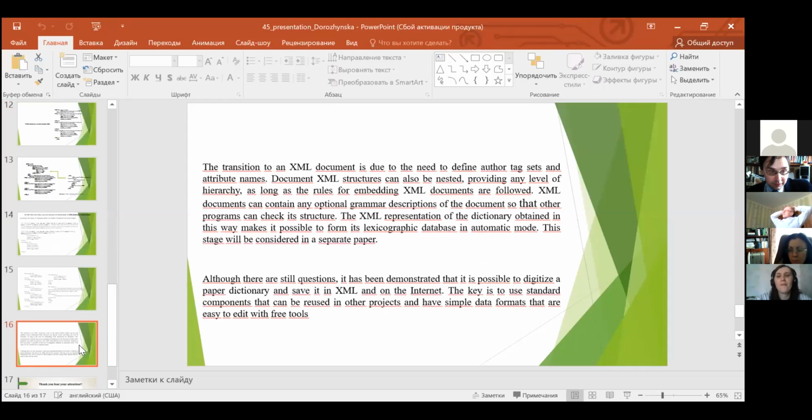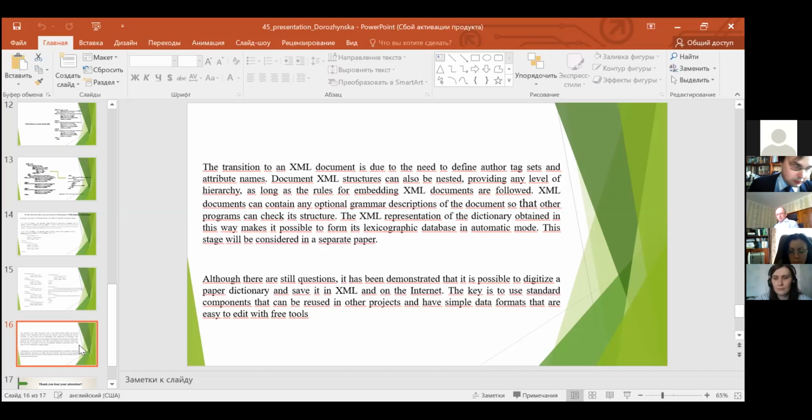The transition to an XML document is due to the need to define the text set and attribute names. XML document structures can also be nested, providing any length of hierarchy as long as the rules for embedding XML documents are followed.